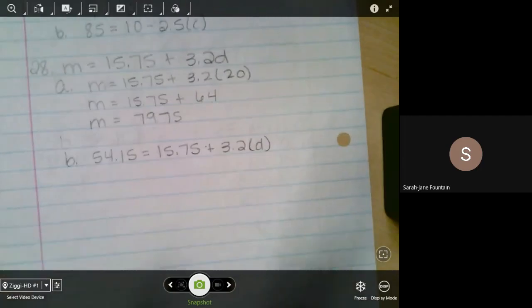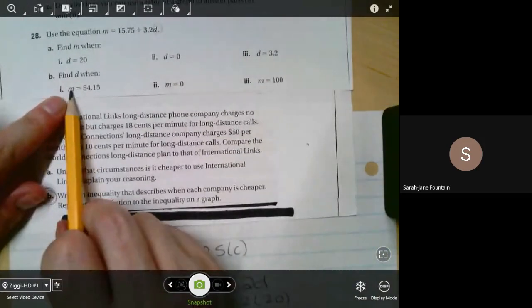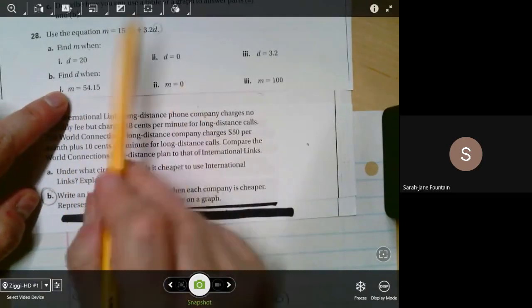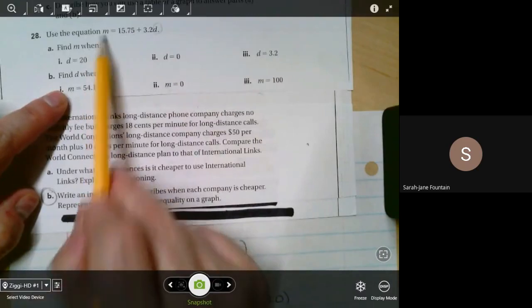Okay, now I have 54.15 because it told me I'm finding D when M is 54.15. M is 54.15 and I need to find D. So that's what I'm going to do down here.